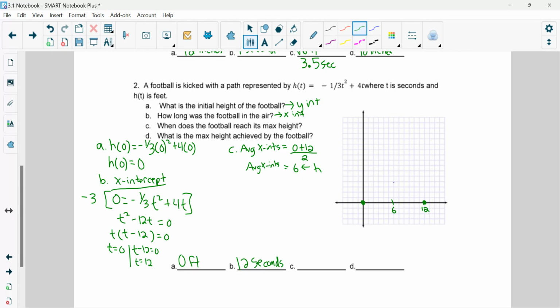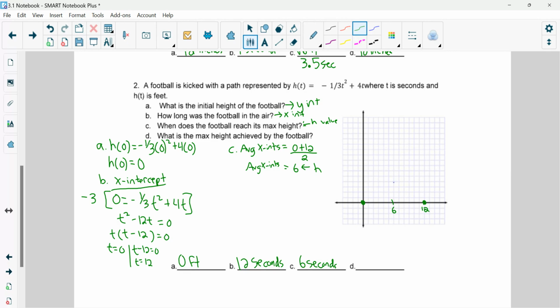And since we're talking about a when value, when would be time. So our answer for letter C, when it reaches its max height, would be 6 seconds. This is the x value for the vertex.